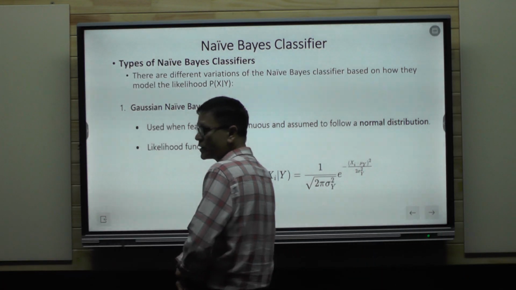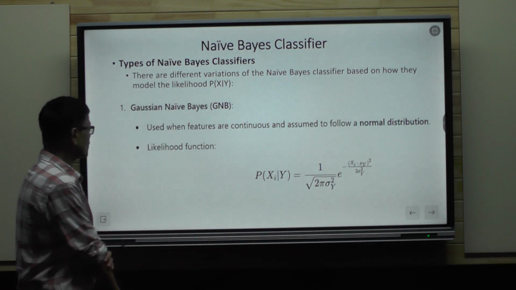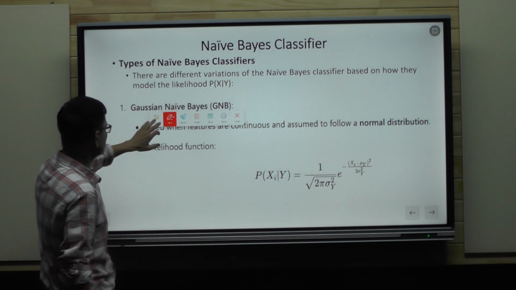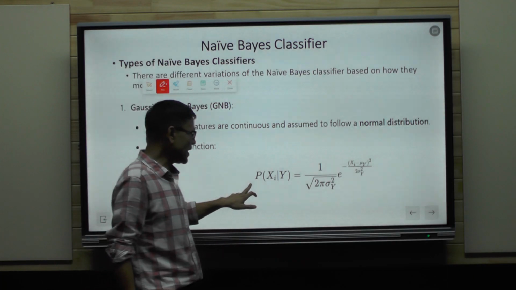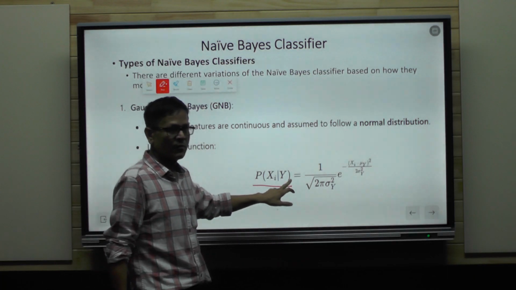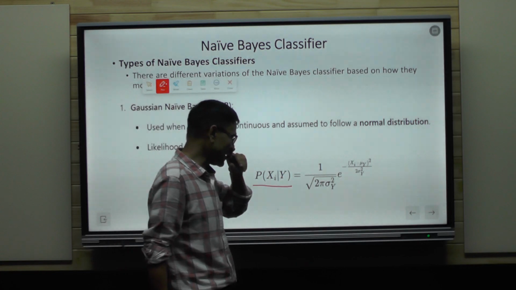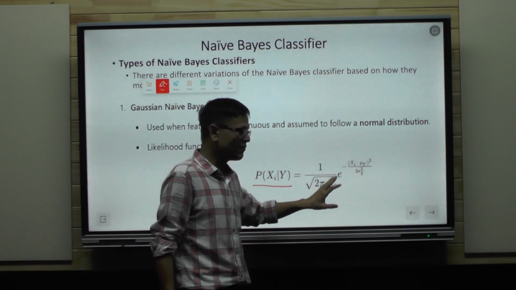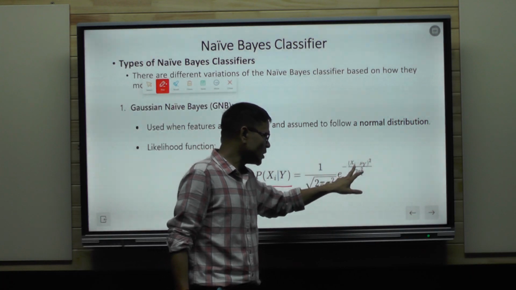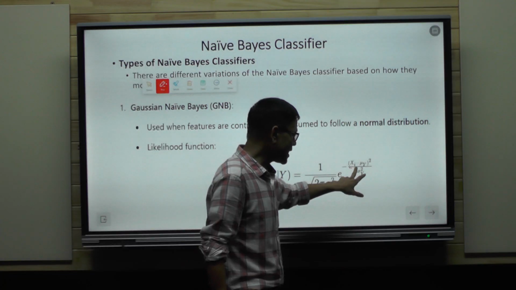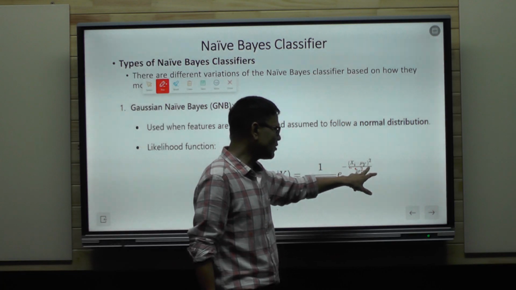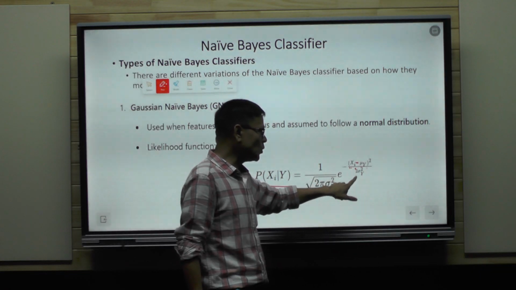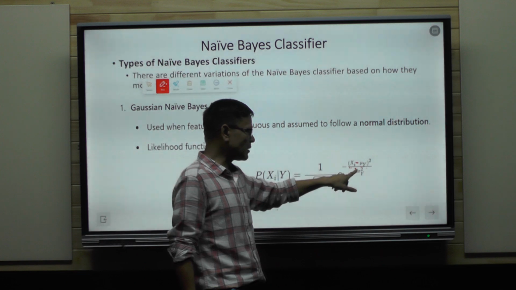Okay. Now the types of naive Bayes. So first is the Gaussian naive Bayes. You've seen this formula earlier also. The probability of xi given the target y is 1 upon the square root of 2 pi sigma squared of y, times e to the power of minus (xi minus mean of y) squared divided by 2 sigma squared of y.